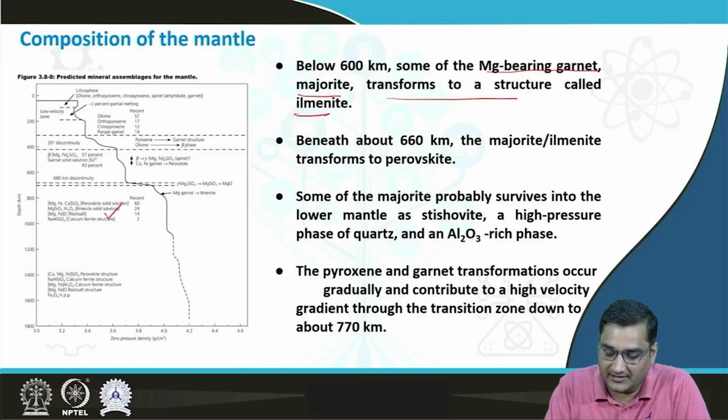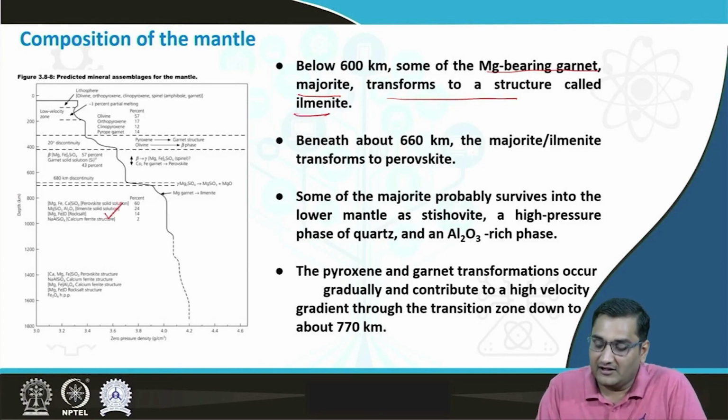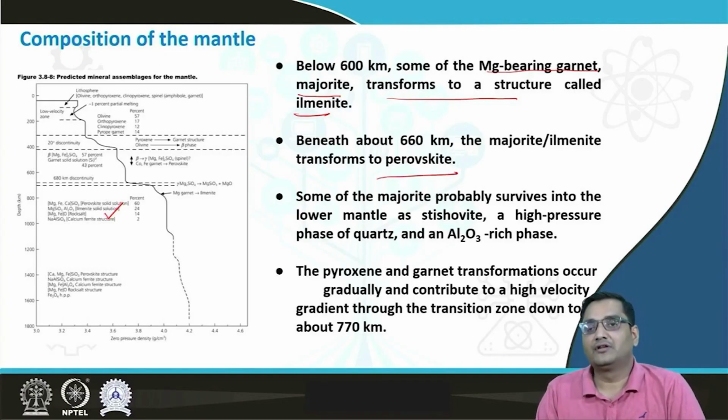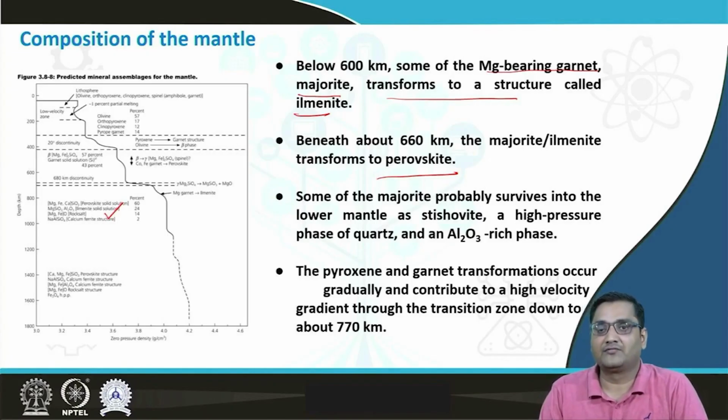You can see the change here; this is the ilmenite. Beneath about 660 kilometers, the majorite or ilmenite transforms to perovskite, and some of the majorite probably survives into the lower mantle as stishovite, a high pressure phase of quartz, and an Al2O3 rich phase.